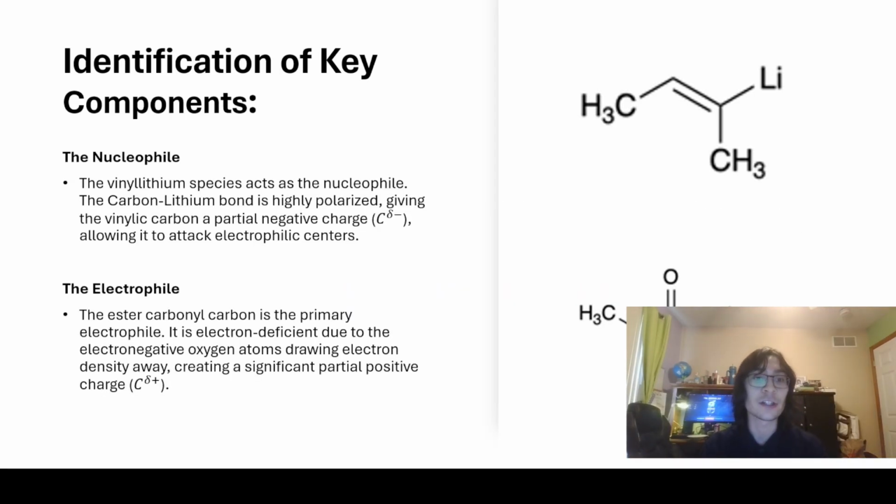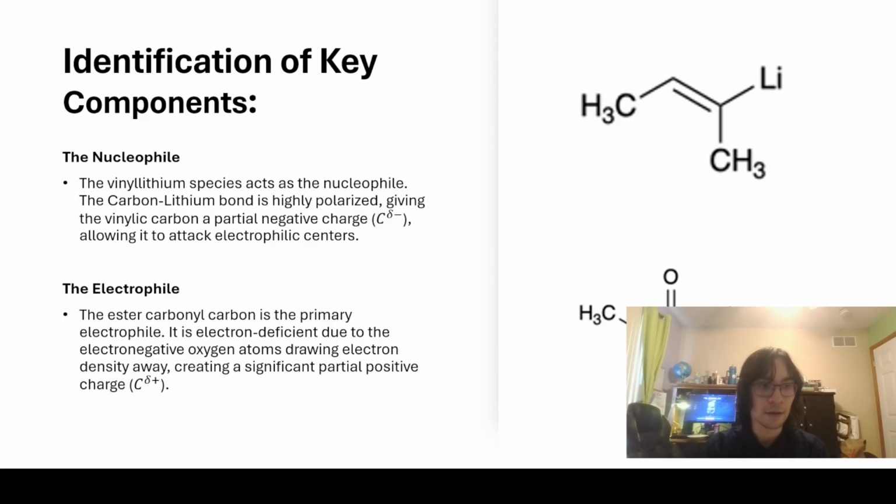So for identification of key components, I will be talking about the nucleophile as well as the electrophile here. The vinyllithium reagent is a nucleophile because of its carbon-lithium bond, which is very highly polarized. With that, the carbon carries significant electron density, which makes it a strong, hard nucleophile.